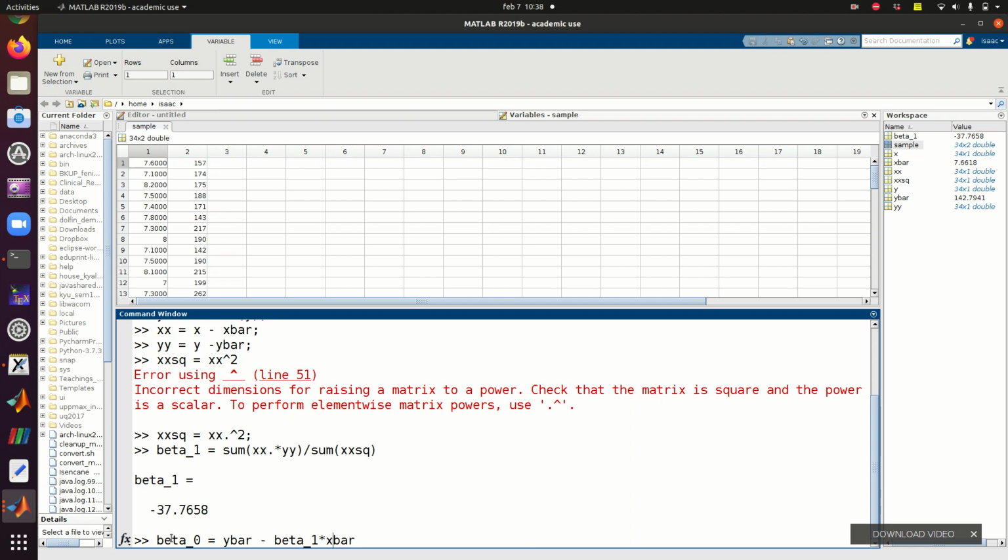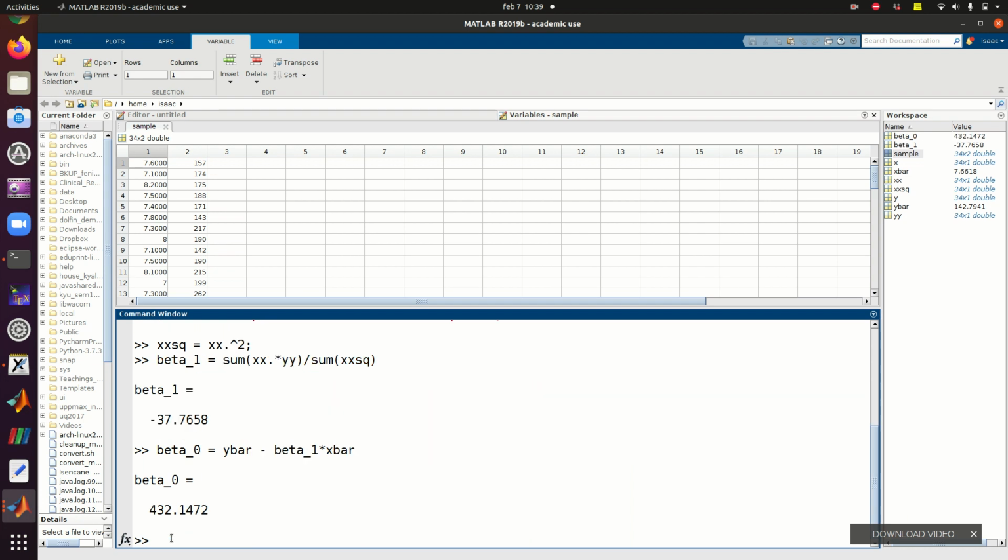Is y bar a vector? Oh no, sorry, y bar is a scalar, beta is a scalar, and x bar is a scalar. Sorry about that. So everything is right, and that is 432.